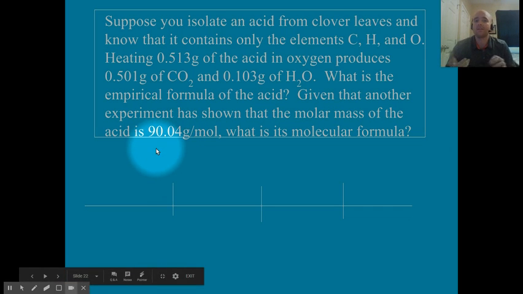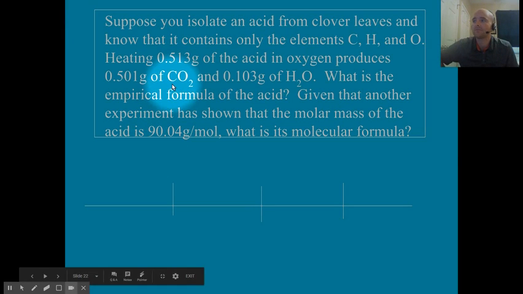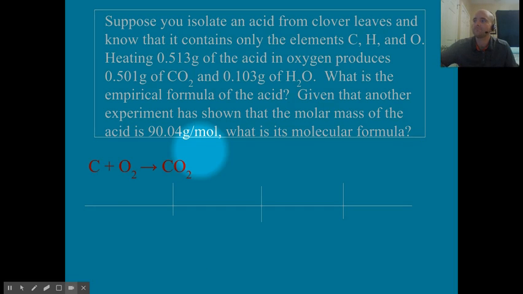So let's find the empirical formula first. We'll have to break this up into kind of half reactions. So we're going to look at carbon first. So we're going to look at CO2. When we have our half reaction, we're just looking at carbon reacting with oxygen to form CO2.